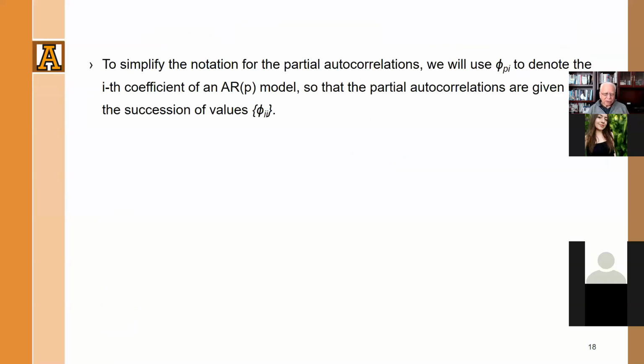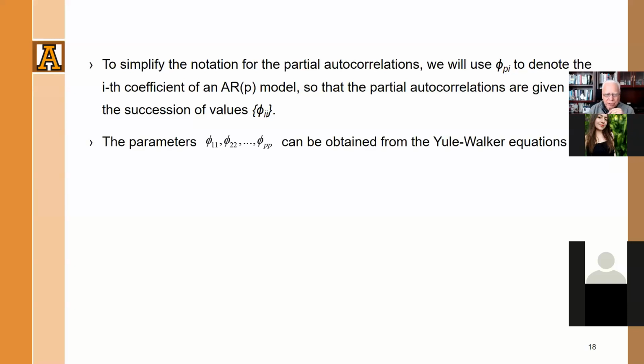Now, to simplify the notation, to avoid writing rho_{01.02.1} and so on, we will use the notation phi_{ii} to denote the ith coefficient of an AR(p) model, so that the partial autocorrelations are going to be given by the succession of values phi_{jj}.